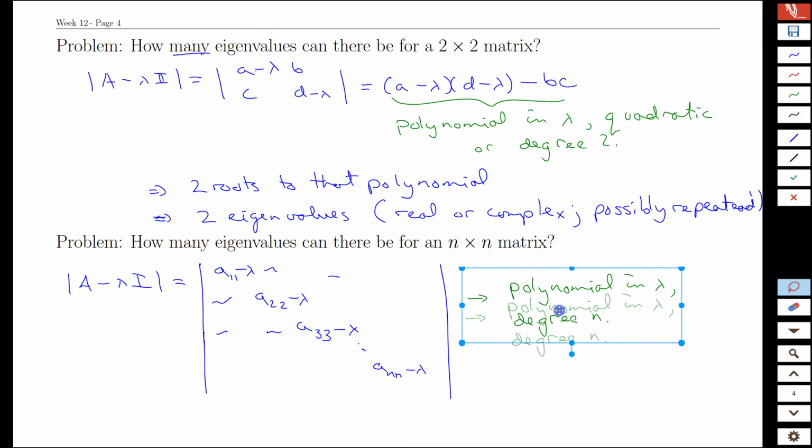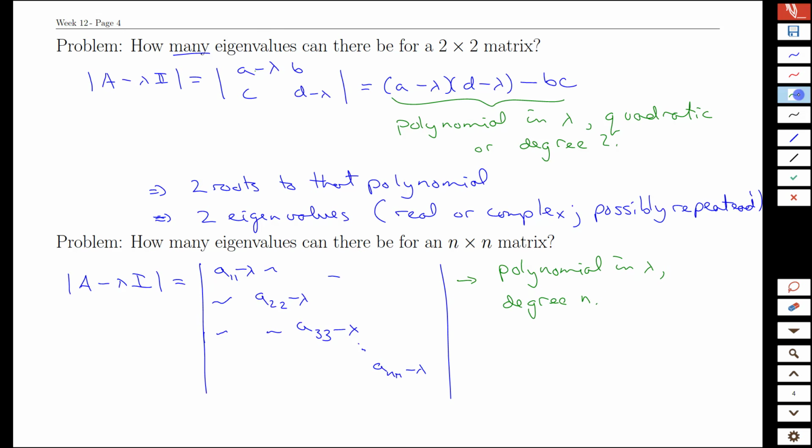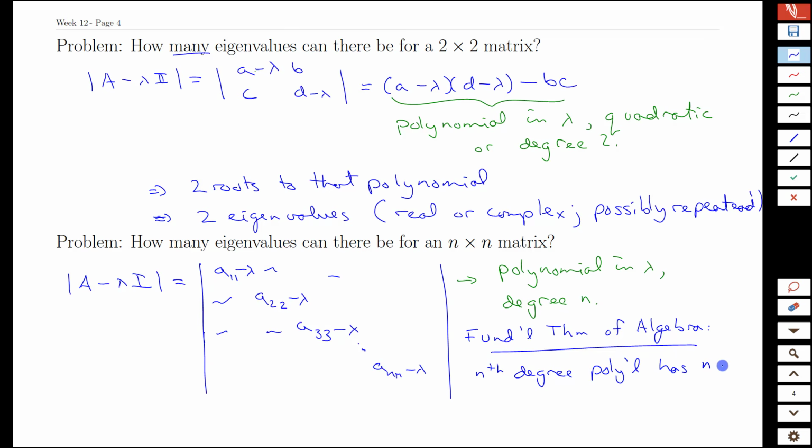Well, we're going to take advantage of a little thing I like to call the fundamental theorem of algebra. The fundamental theorem of algebra says that an nth degree polynomial has n roots. Now there's some fine print here.